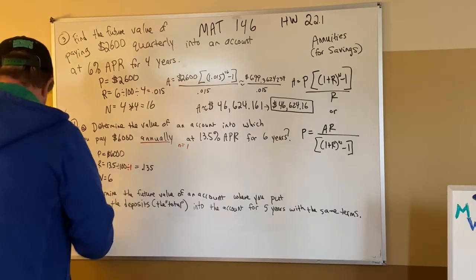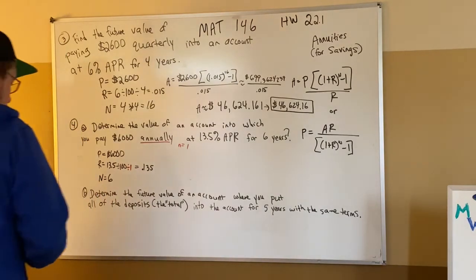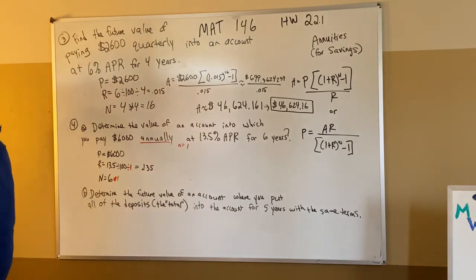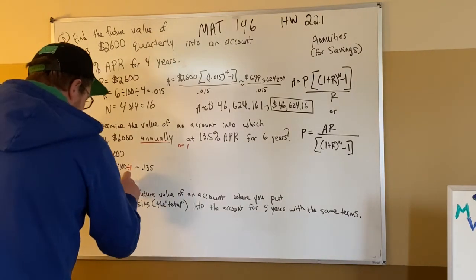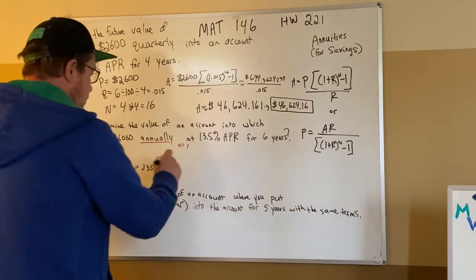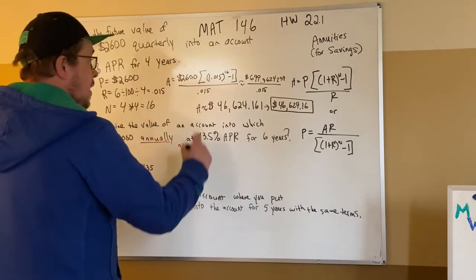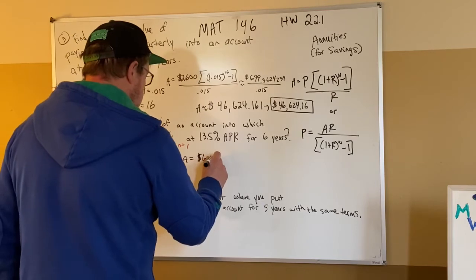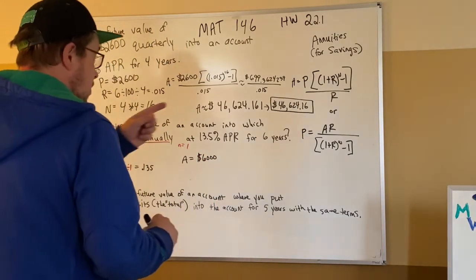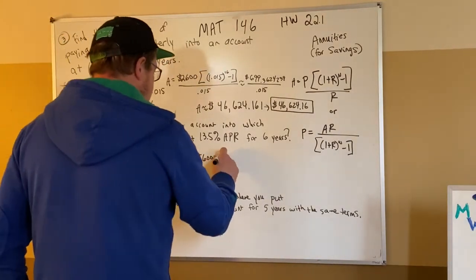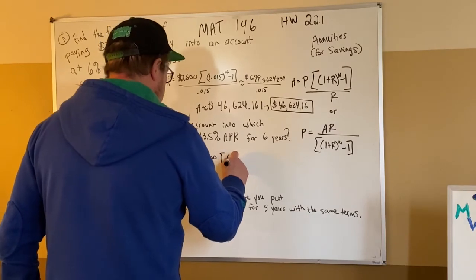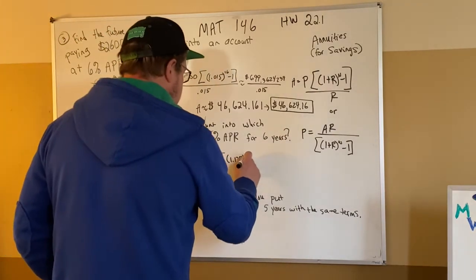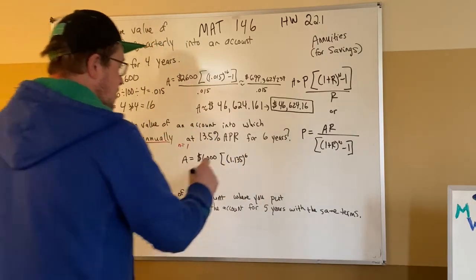So 6, if you want to multiply it by 1, you'll see that it still stays 6. And we're trying to find A. So A is equal to, and we're going to go putting in P of $6,000. And then in the square brackets, we're going to have 1.135, I'm going to raise it to the power of just 6. And we're going to subtract 1 from that.